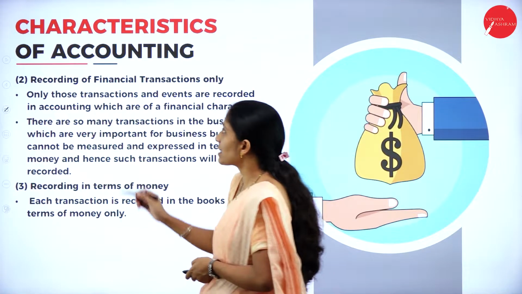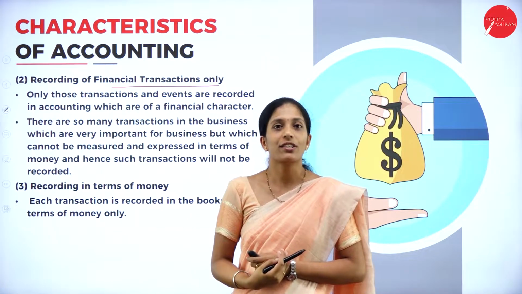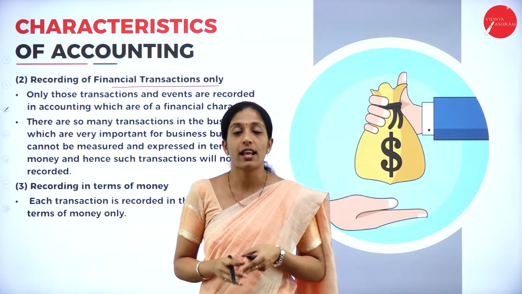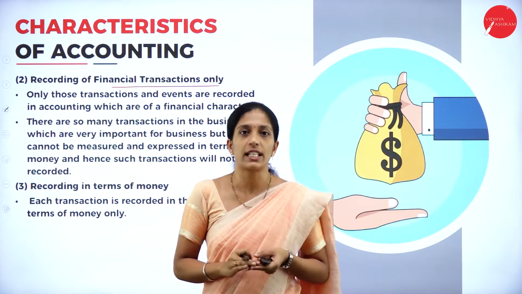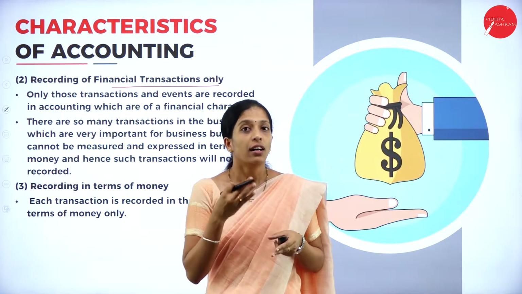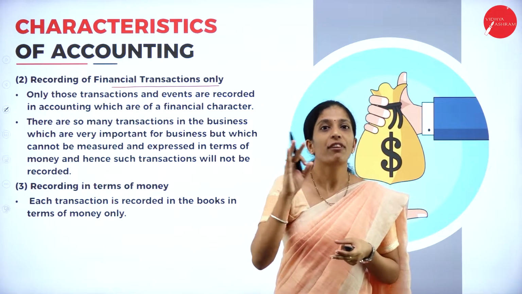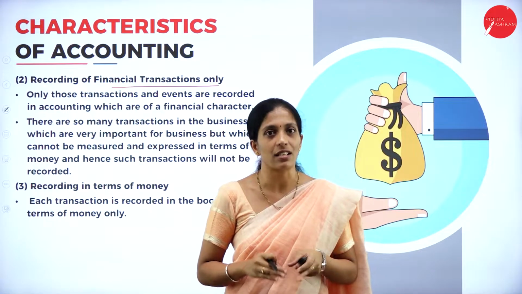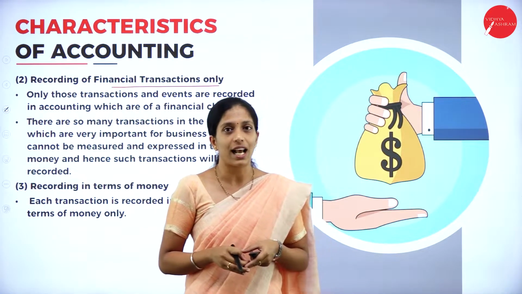And the second one is recording of financial transactions only. I have already told you in the definition itself, we will record only those transactions which are financial in nature. As I gave the best example, the resignation of an efficient employee will of course affect the profitability of the business. Suppose an efficient employee has resigned from the organization.